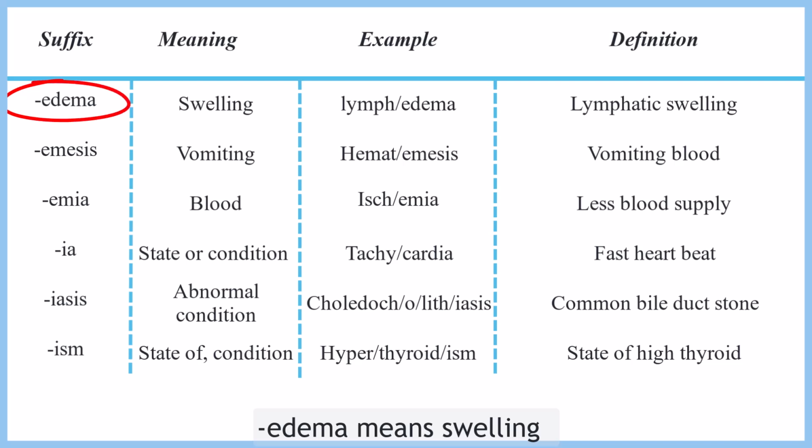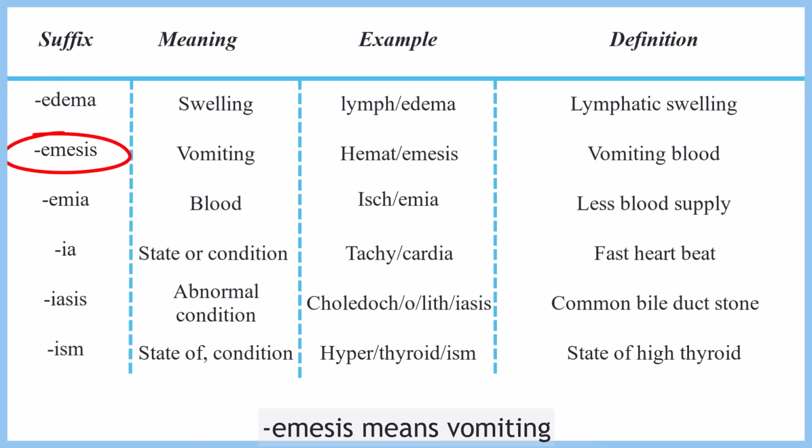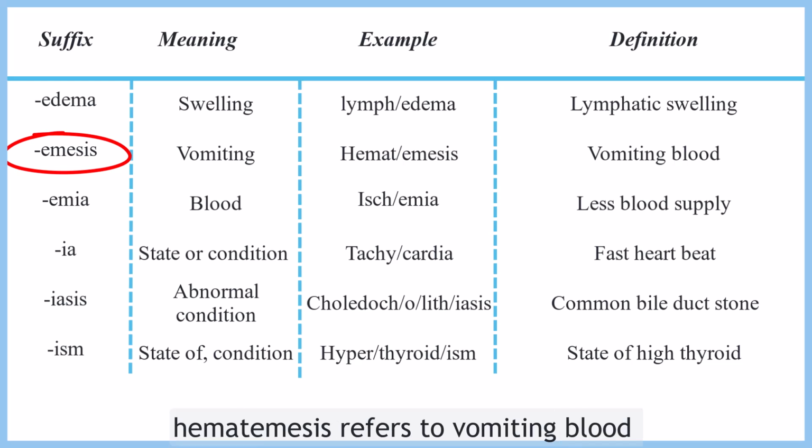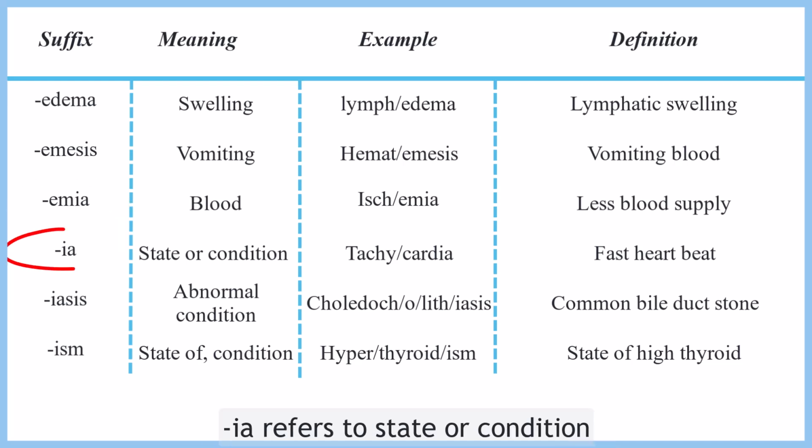Edema means swelling. Lymphedema means lymphatic swelling. Emesis means vomiting. Hematemesis refers to vomiting blood. Emia refers to blood. Ischemia means less blood supply. Ia refers to state or condition.